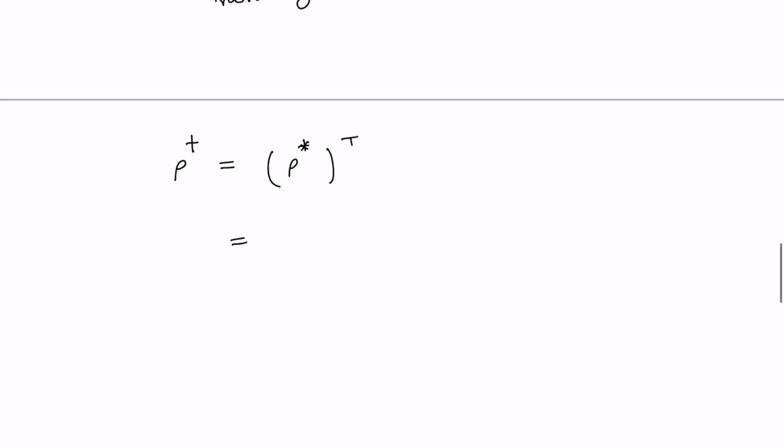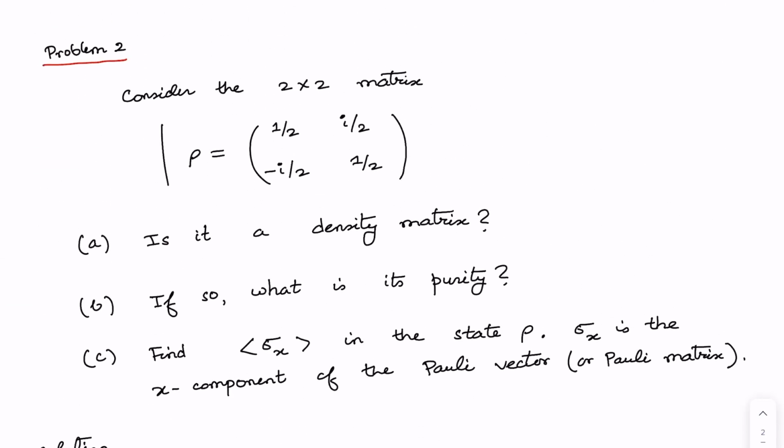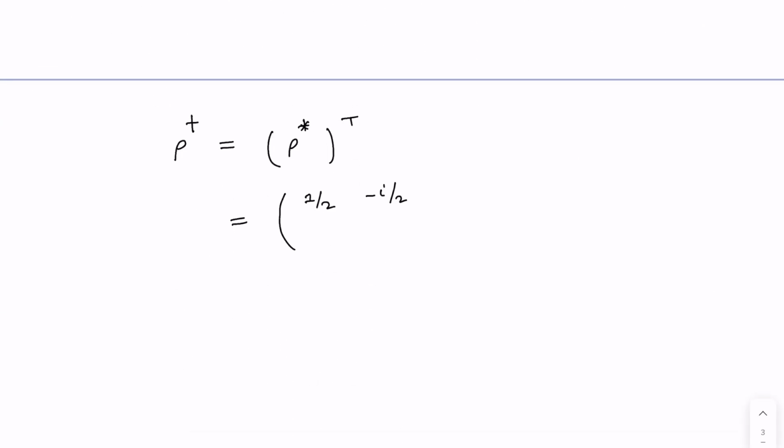Firstly, what about the Hermiticity? If we find rho dagger, first you take the complex conjugate of the matrix and then you take the transpose. If you take the complex conjugate, you will have 1/2, minus i/2 here, i/2 here, and 1/2.